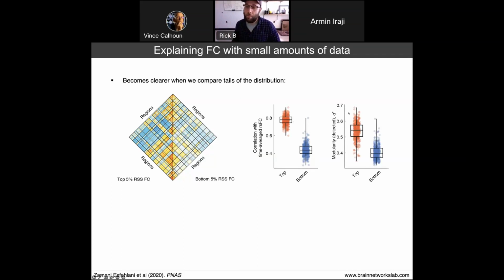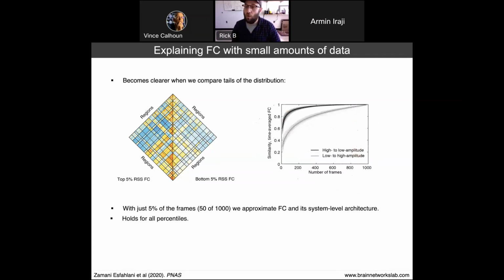Relatedly, we find that those high amplitude frames are also highly modular, so that there are communities expressed during those frames that are highly segregated, much more so than those bottom low amplitude frames. I'm showing you examples here, by the way, with 5% of the top and bottom, but this effect holds literally for every percentile, whether we're looking at just the top 1% versus the bottom 1% and so on.